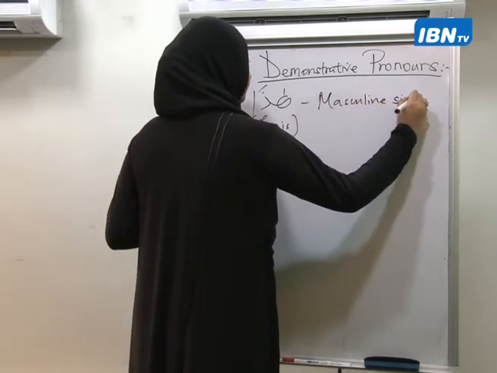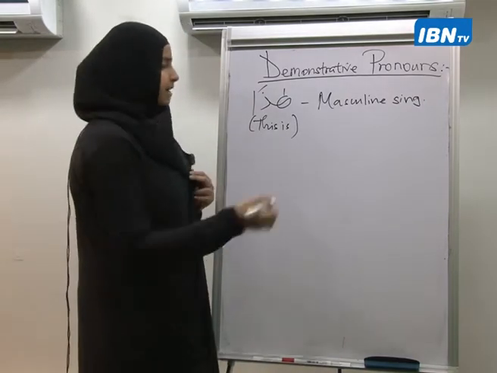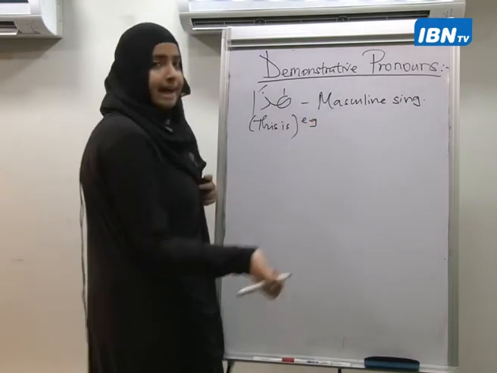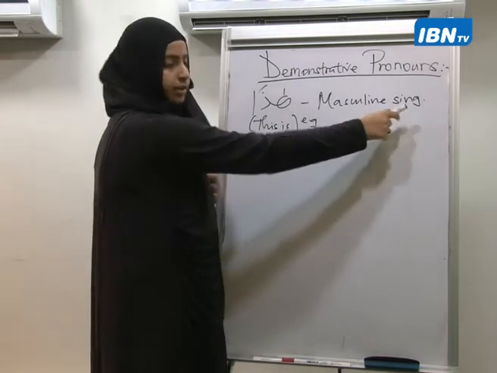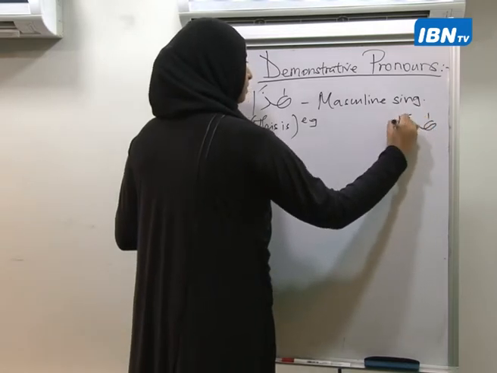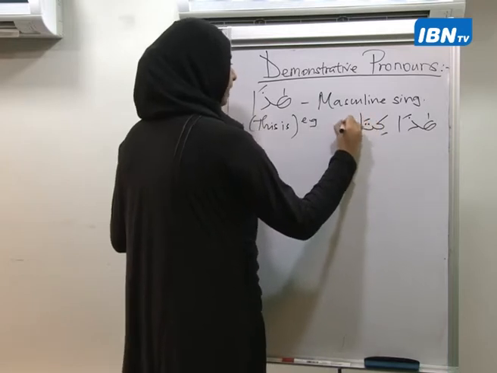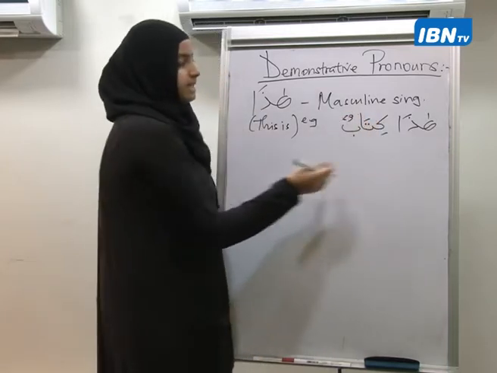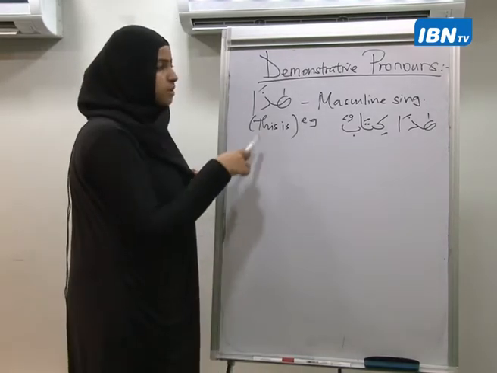For example, we said hadha kitabun. Kitabun is 1 book, masculine singular. So we had said hadha kitabun, right? Which means this is a book, which is masculine singular. So this is used for masculine singular.